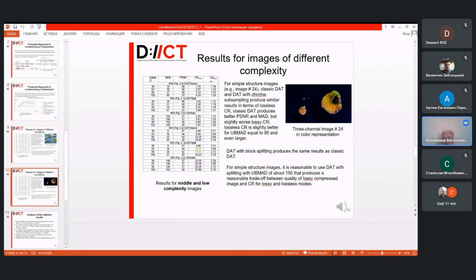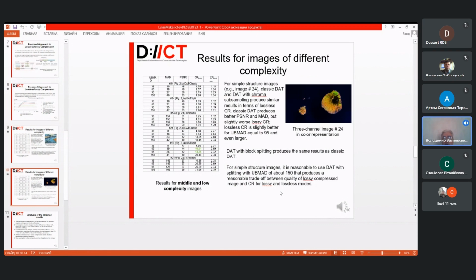In this case, the situation is slightly different. Classic DAT and DAT with chroma subsampling again produce similar results, but DAT with block splitting produces larger compression ratios. So we can recommend to use DAT with splitting with UMAT about 150, since it produces a reasonable trade-off between quality of lossy compressed images and compression ratio for both modes.